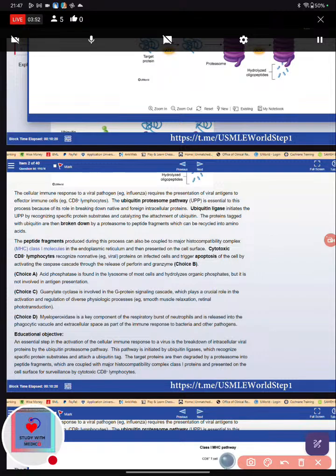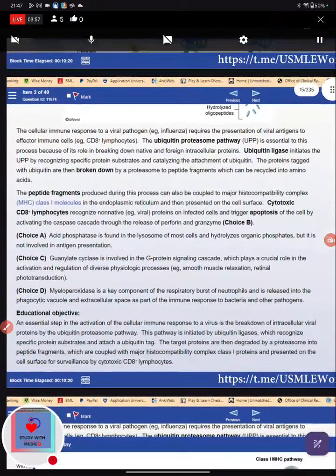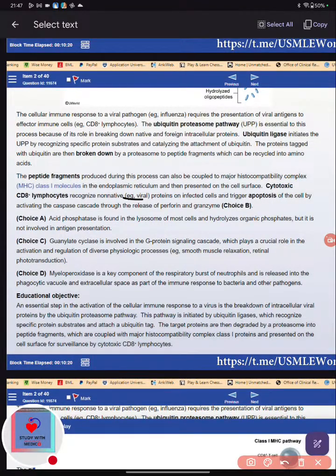The cellular immune response to a viral pathogen, for example influenza, requires the presentation of viral antigens to effector immune cells, for example CD8 positive lymphocytes. As you know, the ubiquitin proteasome pathway, UPP, is essential to this process because of its role in breaking down native and foreign intracellular proteins.